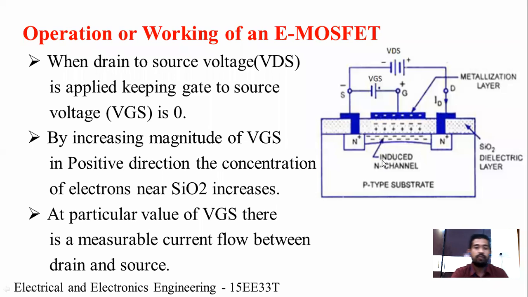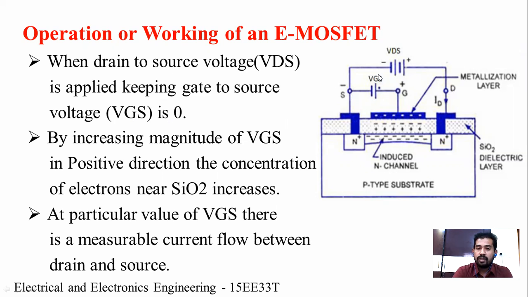If you come to the working part, initially VDS is applied to the source and drain terminals. Means when the drain to source voltage is applied by keeping the gate to source voltage 0.